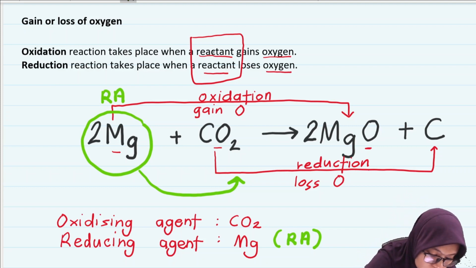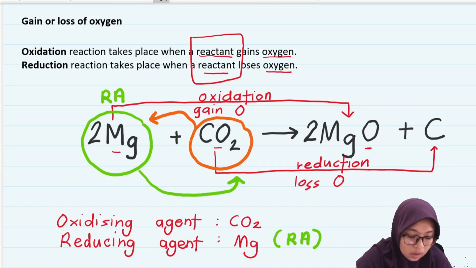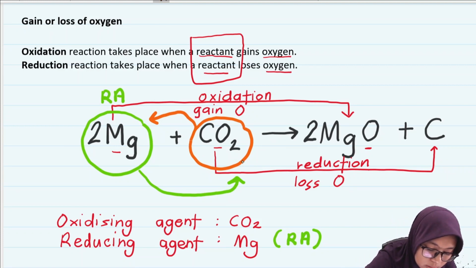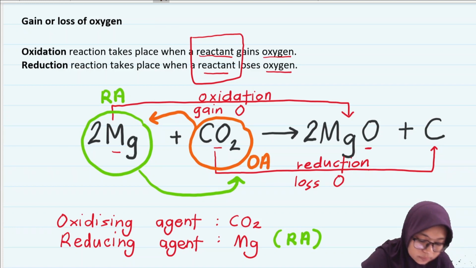So in this case, carbon dioxide oxidize magnesium to form magnesium oxide. So carbon dioxide here is the oxidizing agent.